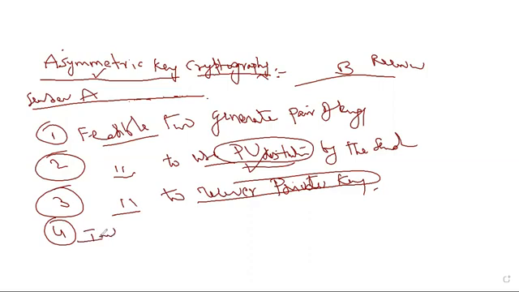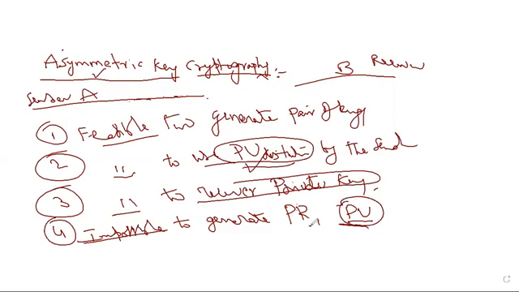The requirements are that it is computationally impossible, or infeasible, to generate the private key PR even if the public key PU is known to the opponent. Just by knowing the public key, one cannot generate the private key. That is another requirement, right? The next one is that it is computationally infeasible to generate the private key by knowing the public key and ciphertext.